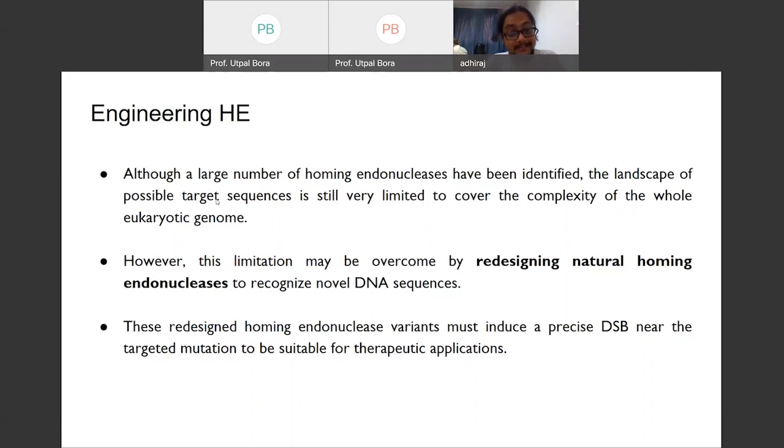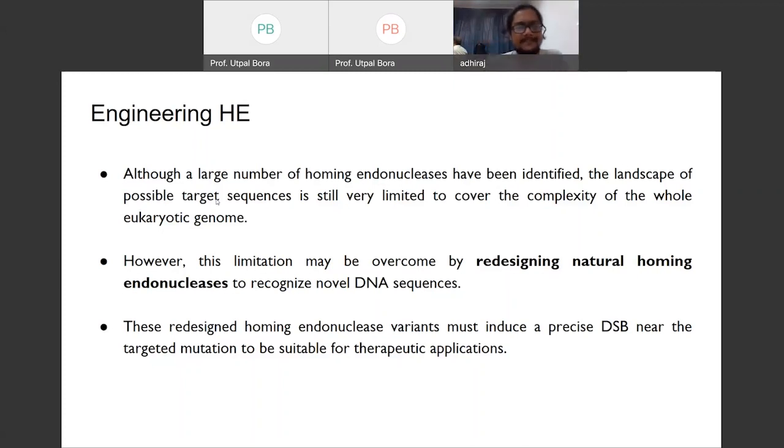This limitation may be overcome by redesigning natural homing nucleases to recognize novel DNA sequences, right? Suppose the homing nuclease does not target a DNA sequence because it doesn't have that specificity, somehow you change the nuclease structure by altering the amino acid residues, and now it is able to recognize the DNA sequence which you want it to target.